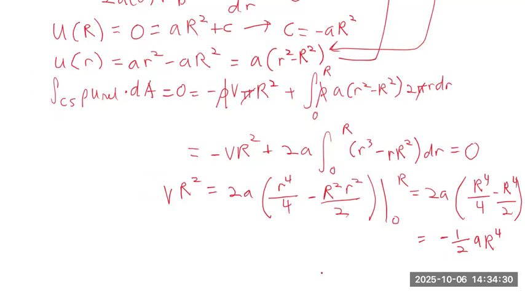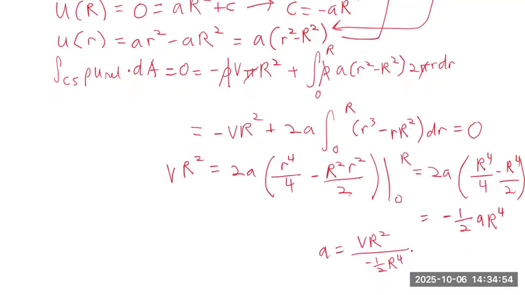Wait, no, actually A is equal to V R squared over negative 1/2 times R to the power of 4. So this is equal to negative 2V over R squared.